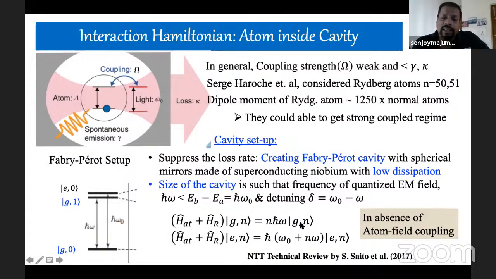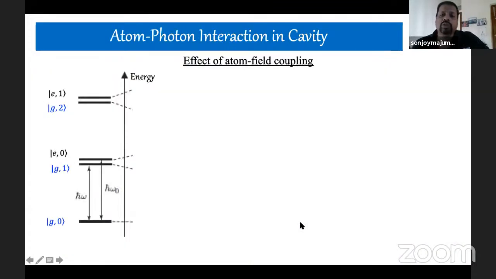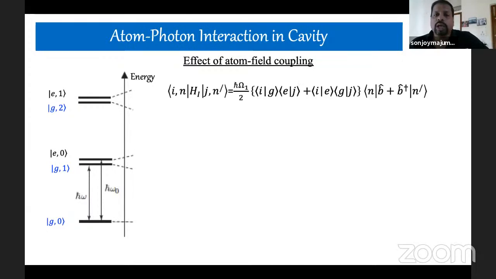Once you understand, we can switch on the coupling. Once we switch on the coupling, what would happen now? We have the possibility of transition from one state to another, as we have understood. This transition depends upon the Rabi frequency, or coupling strength, which I am writing as omega 1.